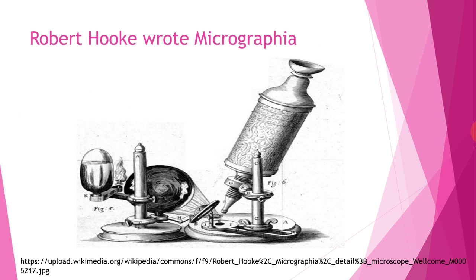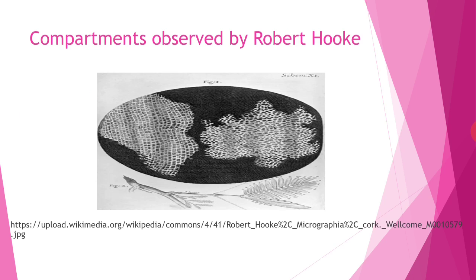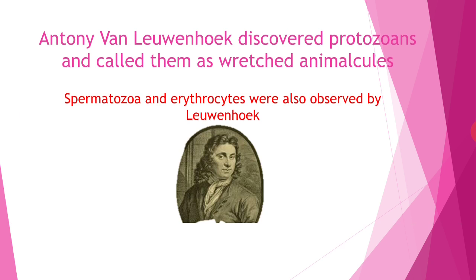He identified it only as a compartment. He did not observe any cell organelles. Robert Hooke identified only the dead tissue. This is exactly the compartments identified by Robert Hooke. So, Robert Hooke identified compartment like structures in the dead tissue called cork.